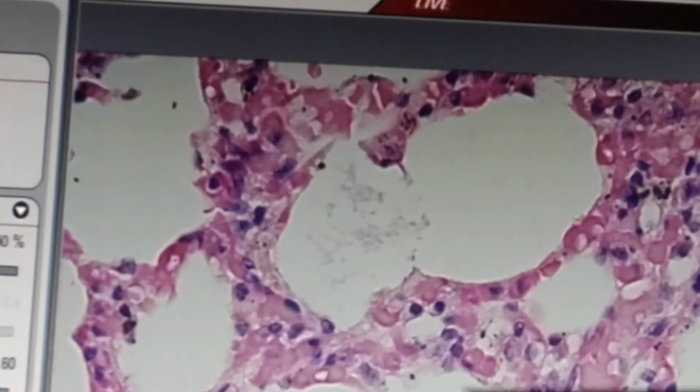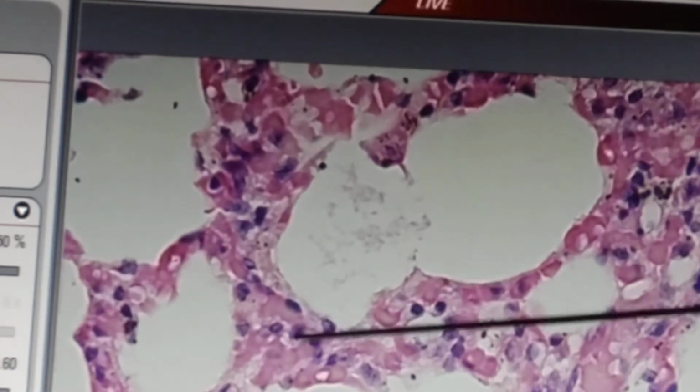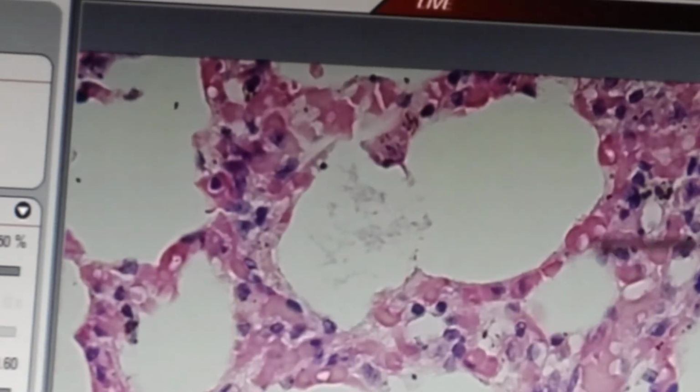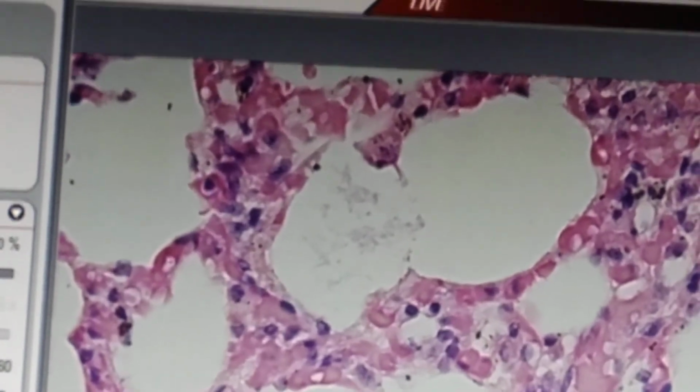So the alveoli are lined with simple squamous epithelium. You see the nuclei, one cell here, another cell, and a lot of cells that form the alveolar wall.